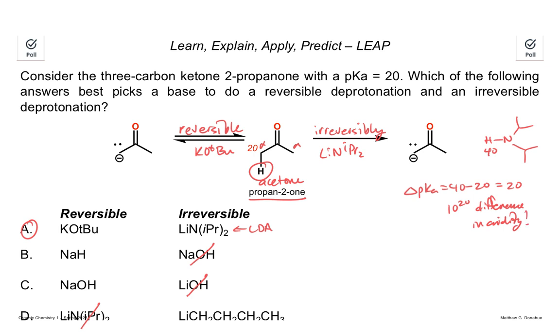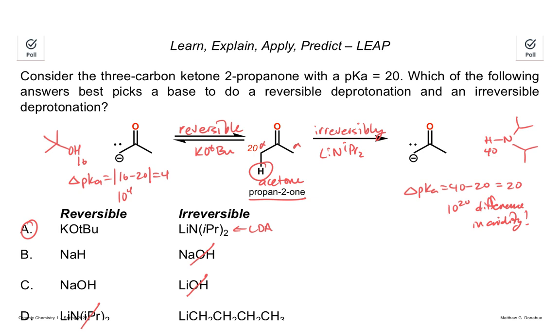If we do the same for potassium tert-butoxide, the conjugate acid of that base is that alcohol. And alcohols are about 16. So we get a delta pKa, in terms of the absolute value, of about 4.